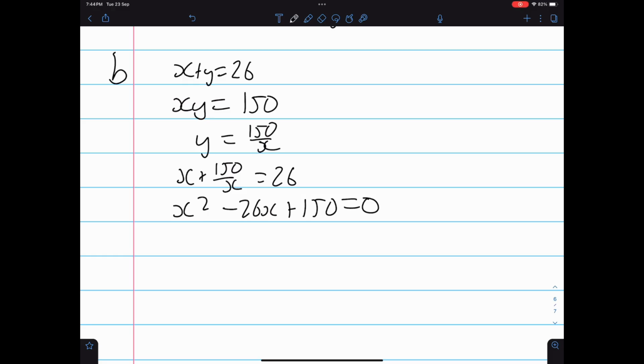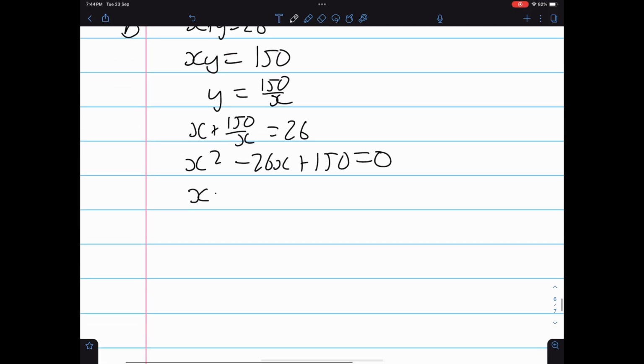And this we may want to do a bit of either quadratic formula or completing the square. I'll just complete the square because it's looking fairly easy to do so.